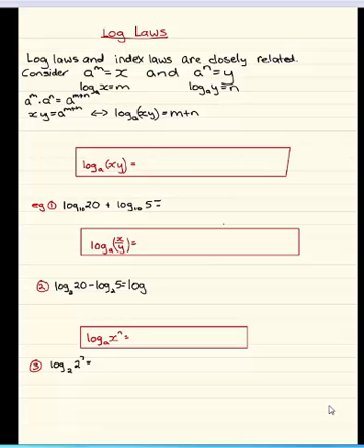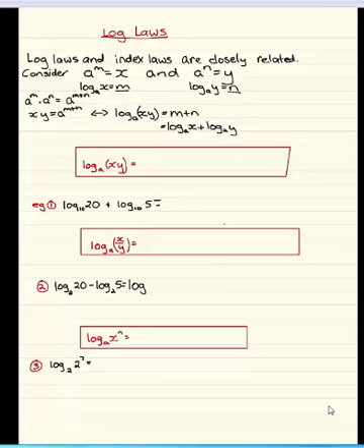But up here we said m is equal to log a of x, and n is equal to log a of y. So I can rewrite this as log a of x plus log a of y. So that's our log law.